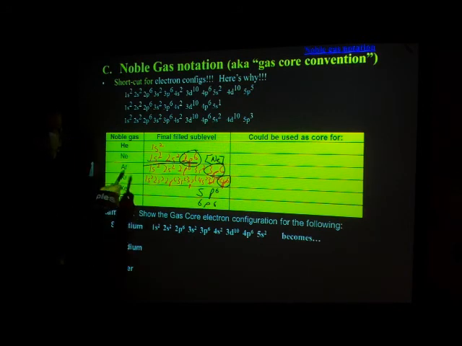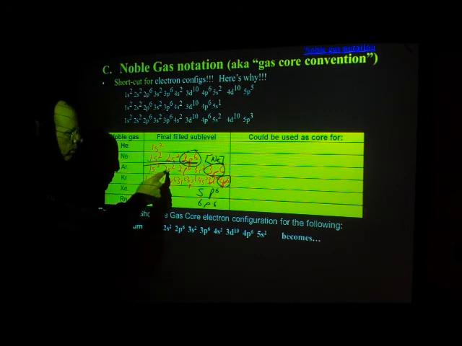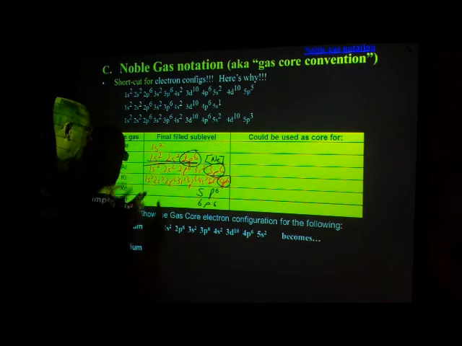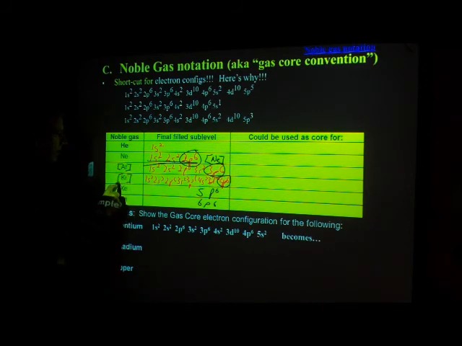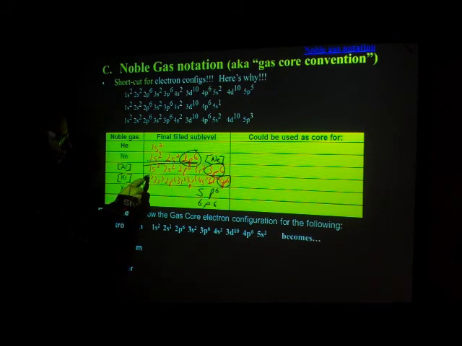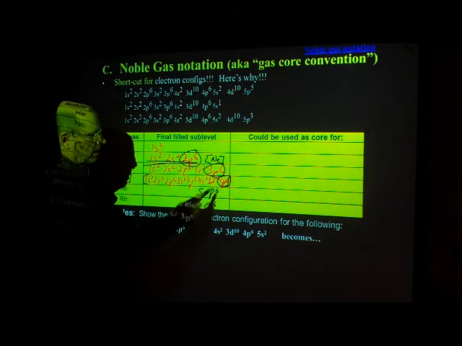You probably can figure this out. For atoms just a little bit bigger than argon but smaller than krypton, instead of writing 1s2, 2s2, 2p6, 3s2, 3p6, we're just going to write down Ar with brackets around it. And you know and I know that argon ends in a 3p6. Krypton with brackets around it means everything from 1s2 all the way up to 4p6.